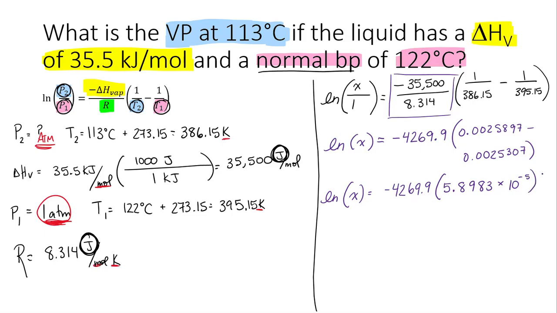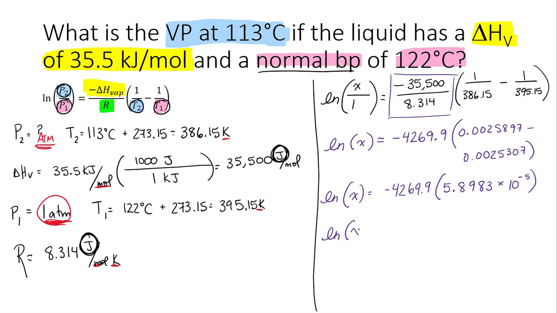So again, don't round. If we rounded that to 0, we would be in a world of hurt. It is not roundable. You have to keep all of the digits until the end because it makes a big difference. So don't round too much in that. All right, now I just multiply those two things together.